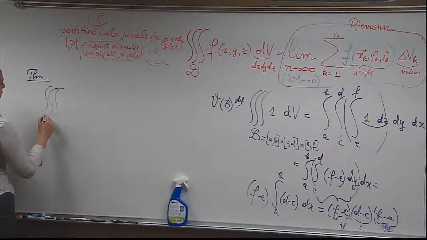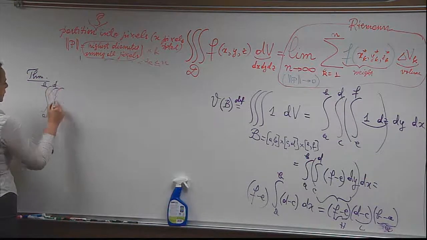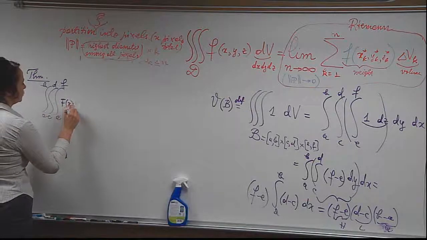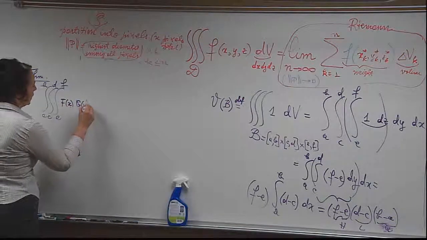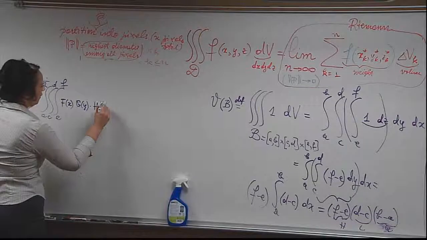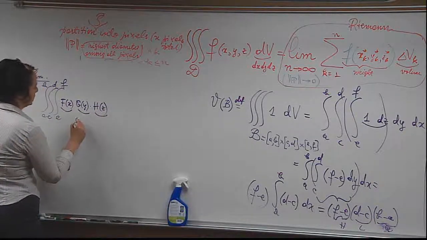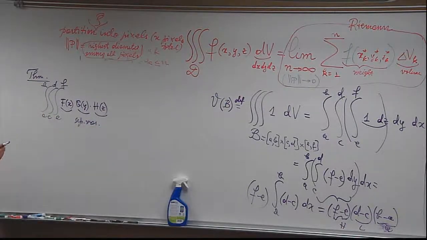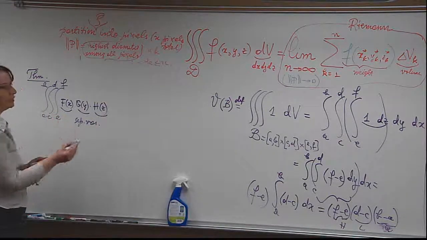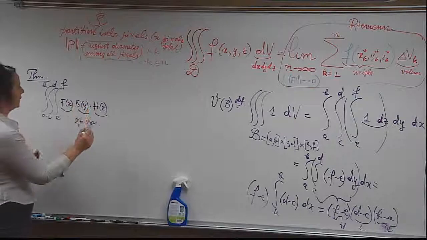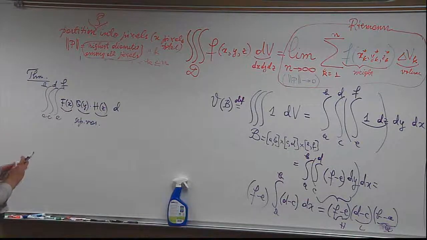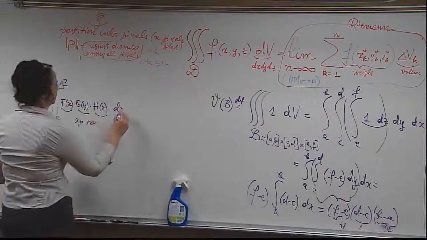So you have the integral from a to b, c to d, e to f of f of x times g of y times h of z, functions of x, y, z with separated variables. So f is a function of x only, g a function of y only, h a function of z only. This is the complicated case. And then I have dz dy dx.